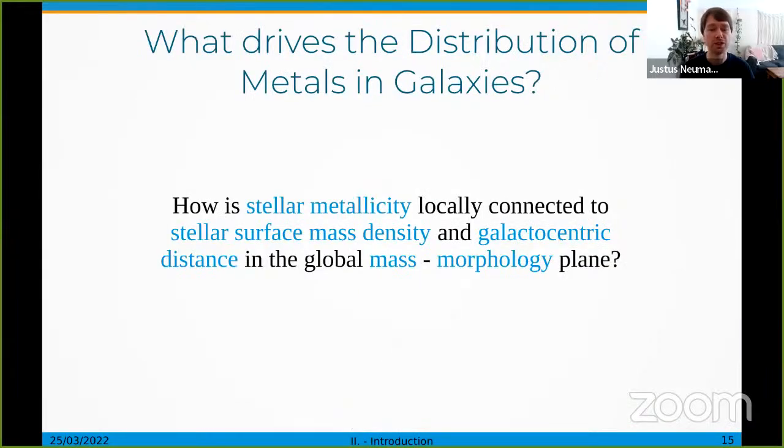We want to find out how the stellar metallicity is locally connected to the stellar surface mass density, but also to the galactocentric radius, making use of the large sample, so we can look in different bins of global or total galaxy masses and morphologies.